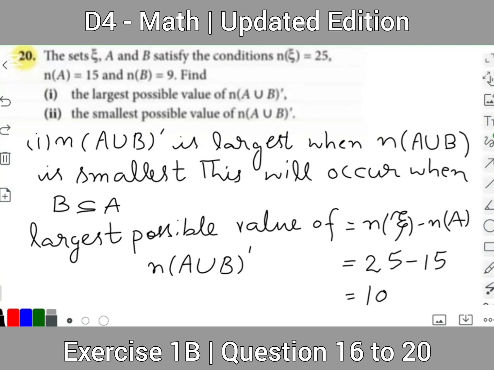So the largest possible value of n of (A union B) whole complement is equal to 10.